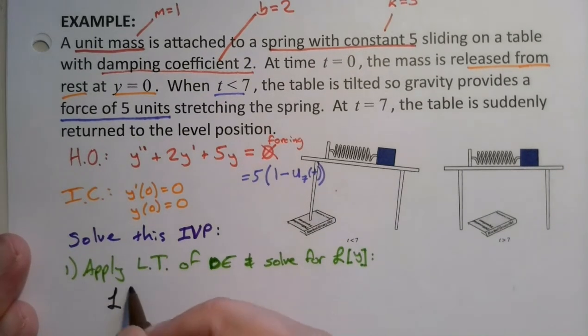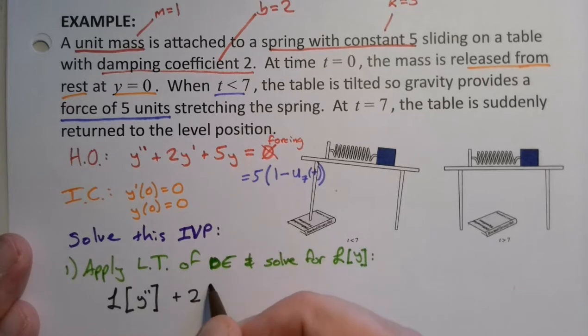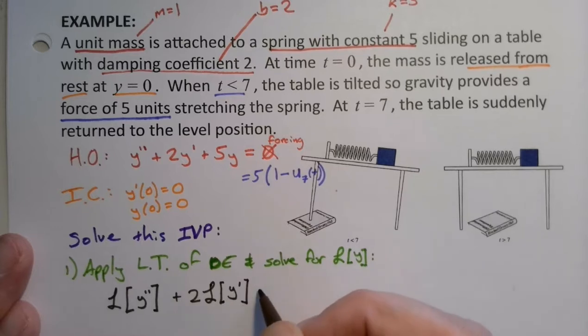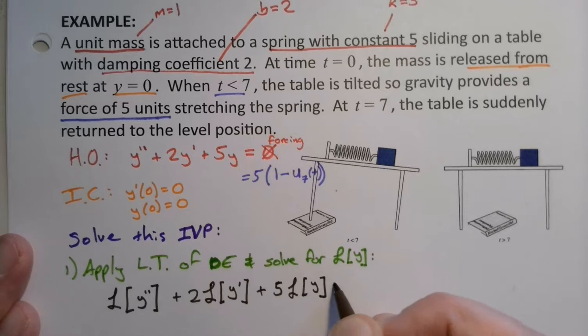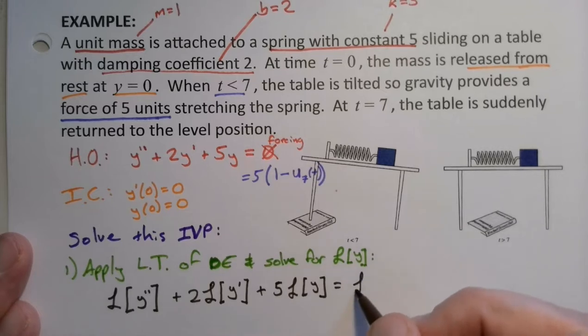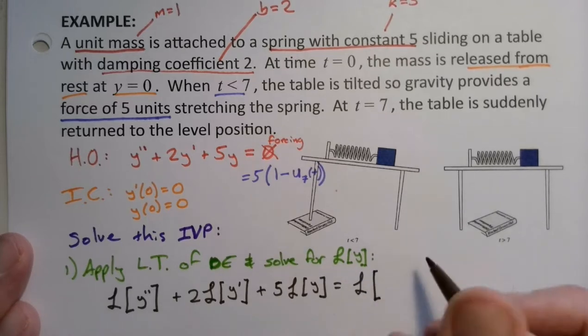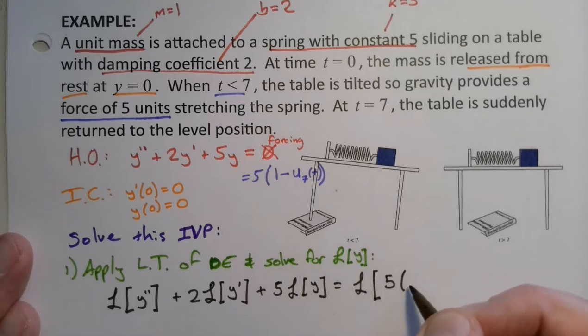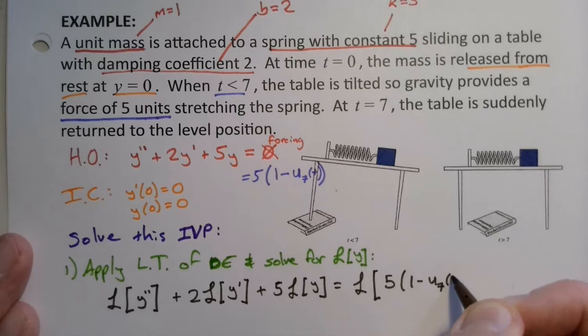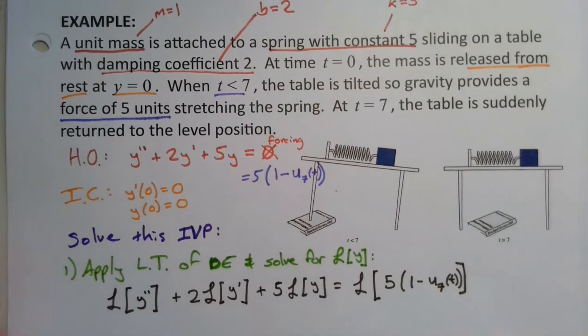So we've got the Laplace transform of y double prime plus 2 times the Laplace transform of y prime plus 5 times the Laplace transform of y. And all that's going to be equal to the Laplace transform of our forcing function, which is 5 times 1 minus the Heaviside function switched on at t equals 7.